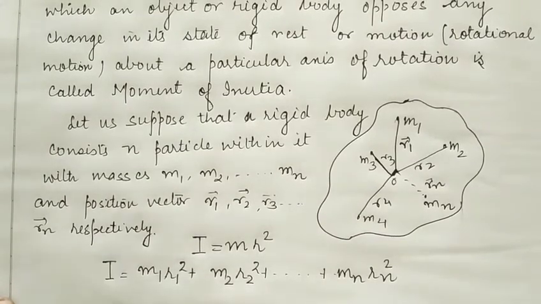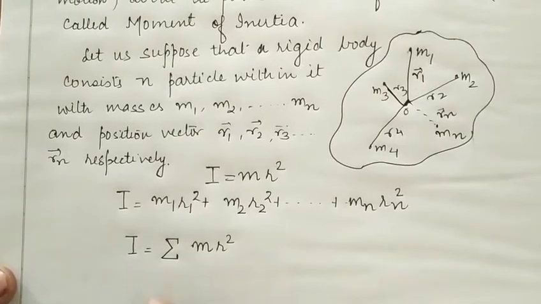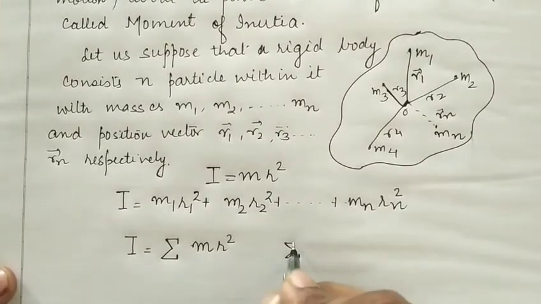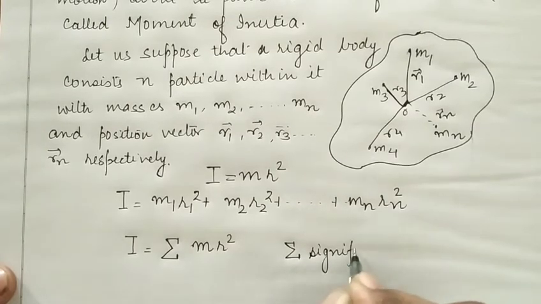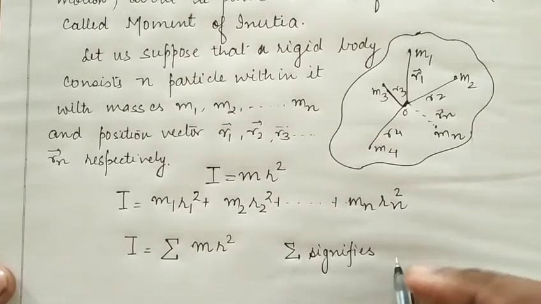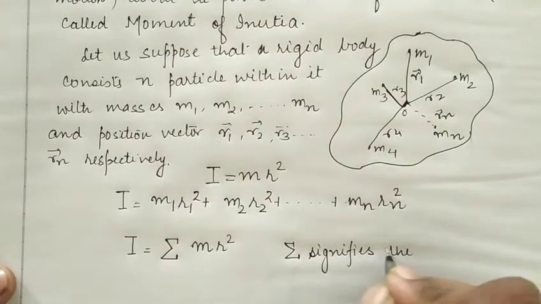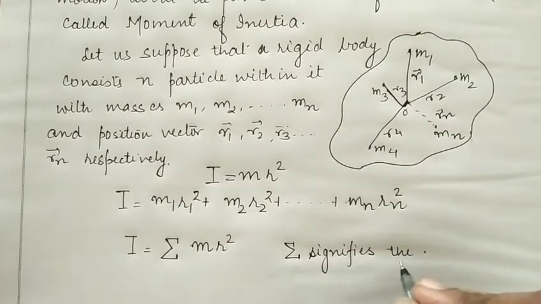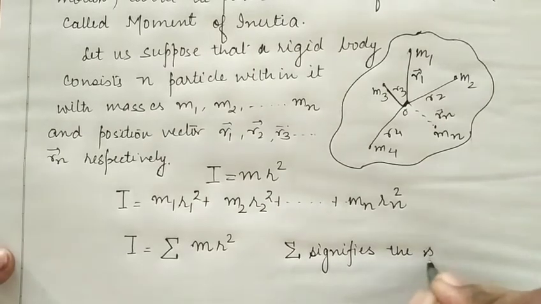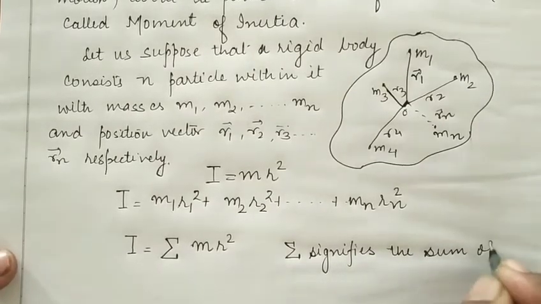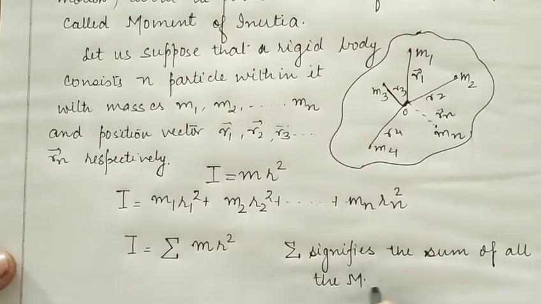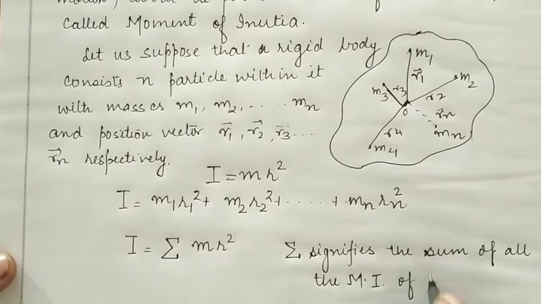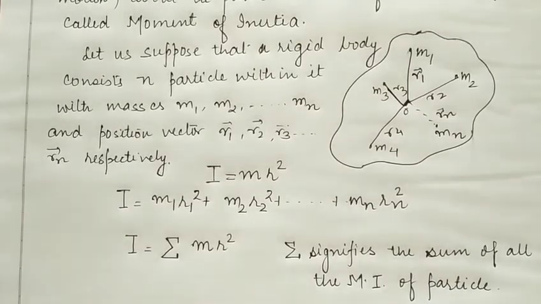Okay students, where summation signifies the sum of all the moments of inertia of the particles. Okay students, so in this way we can calculate the moment of inertia for a rigid body.